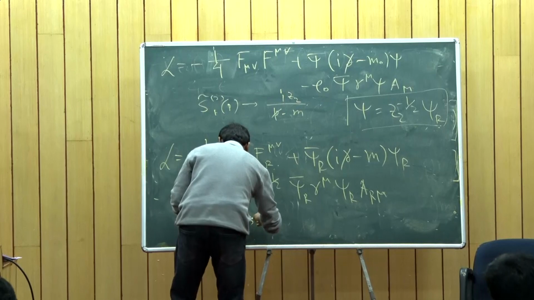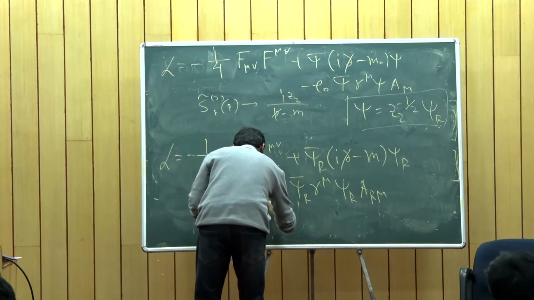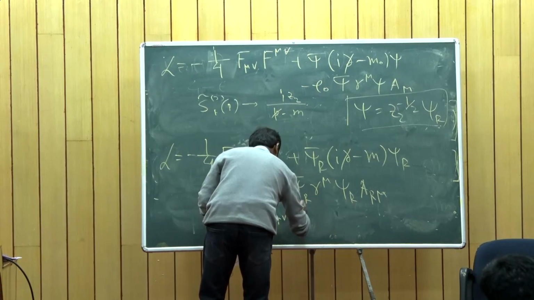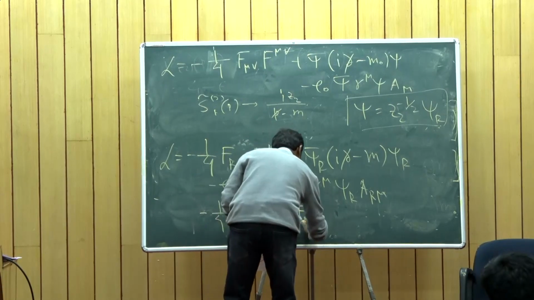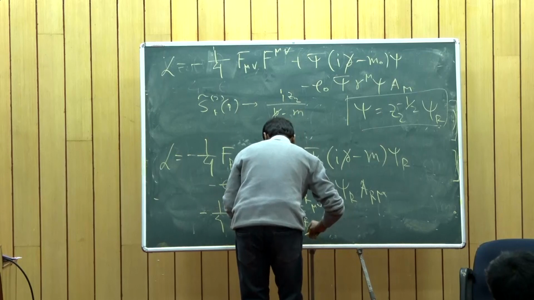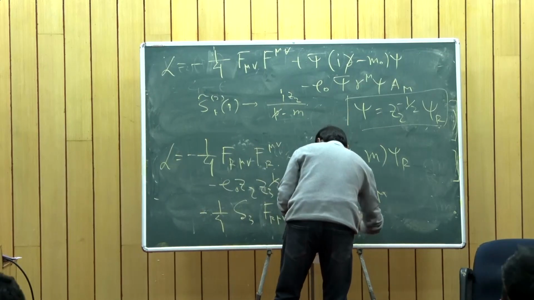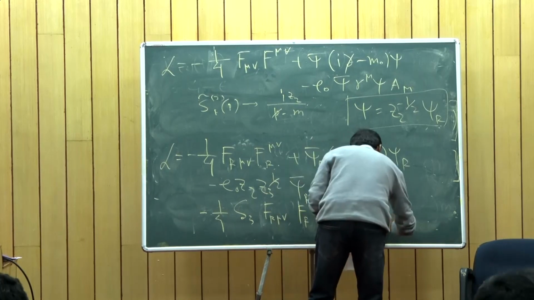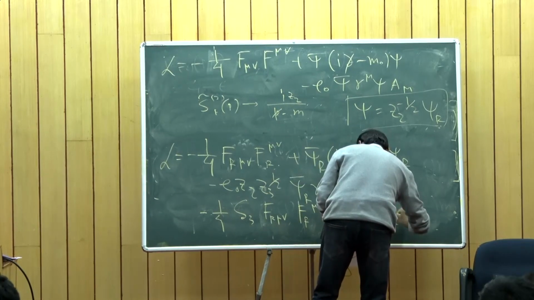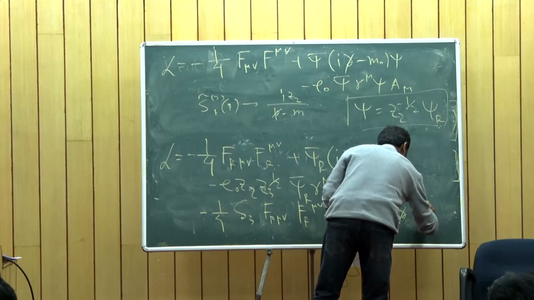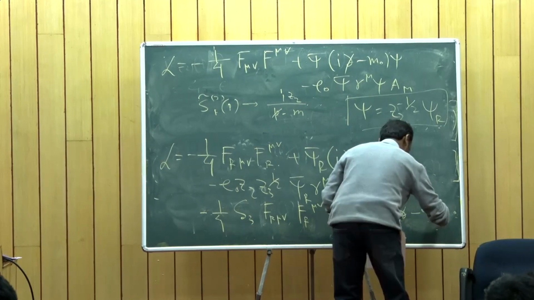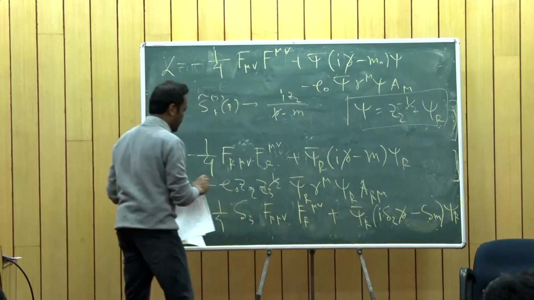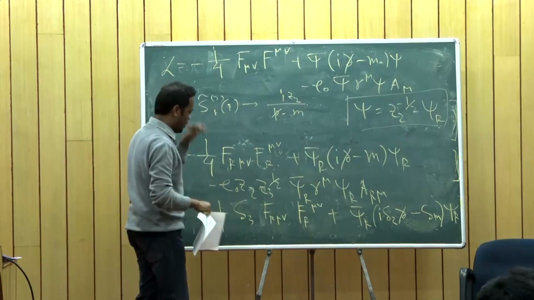This labeling that I am using is the conventional labeling that people use. And plus psi bar_r (i delta_2 del slash minus delta_m). I have not added all the counter terms yet. What I did just is this.